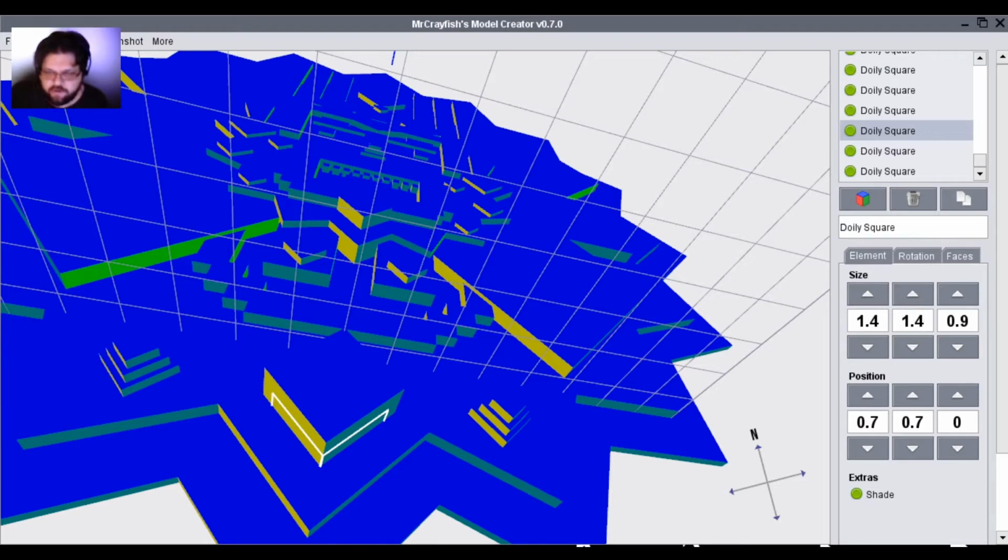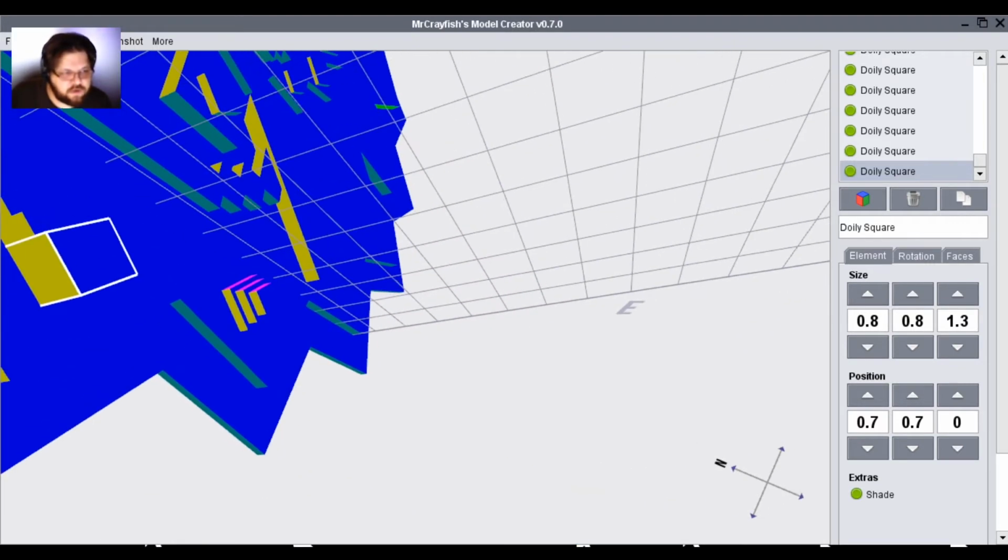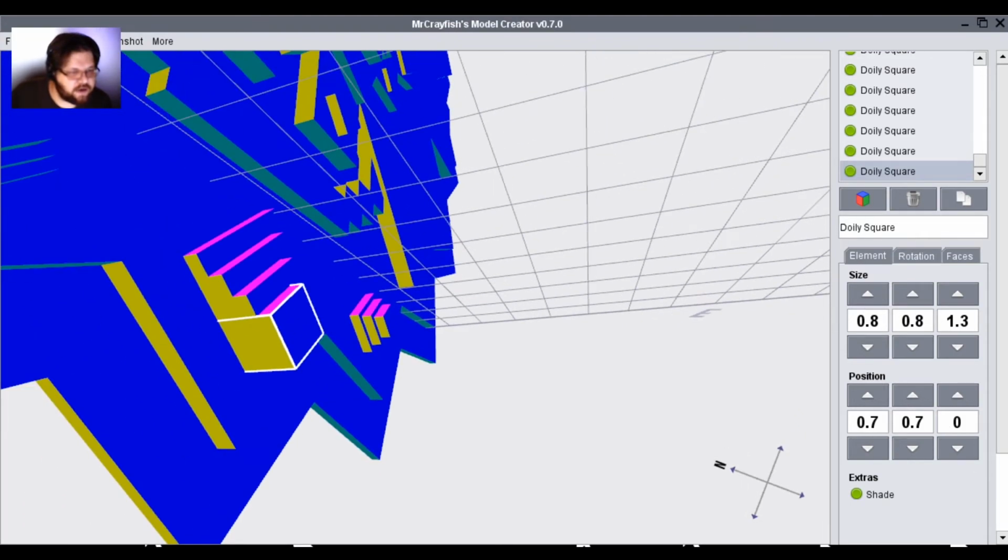1.4. And for you, let's do 6, so 1.1, 1.1. And for you, let's do 9, so what is that? 0.8, 0.8, 0.8. Oh, got some weird sort of stairs going on here.